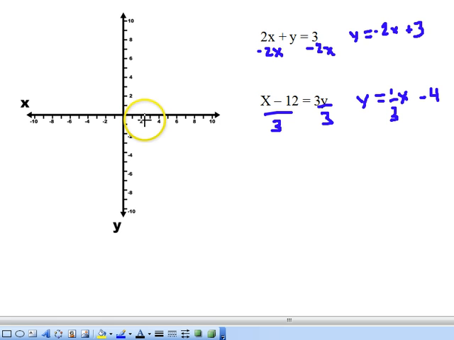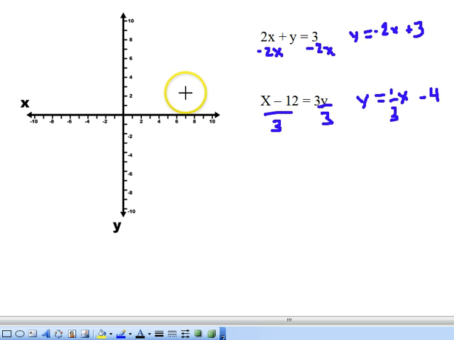Okay, and then after we have them in y equals mx plus b form, we come over here and we first graph our first equation.